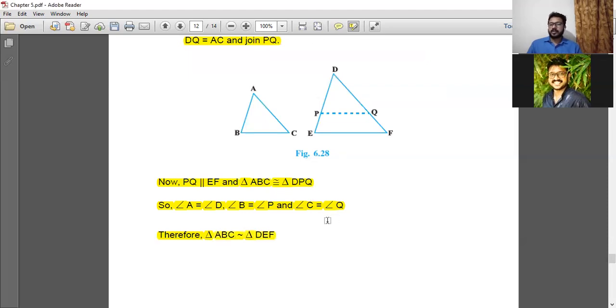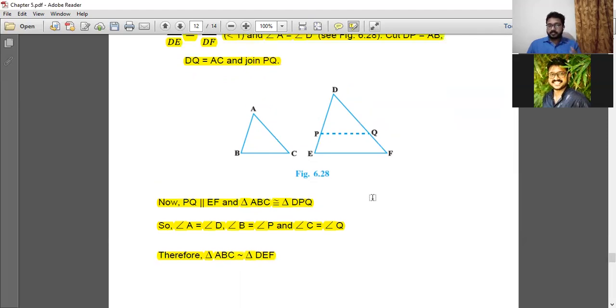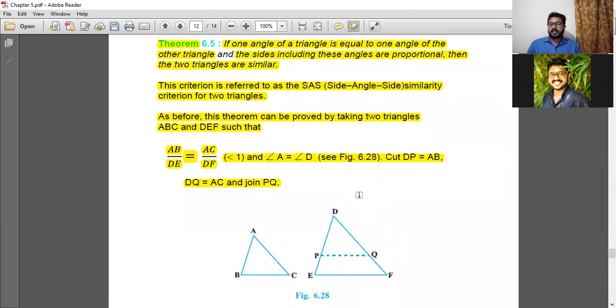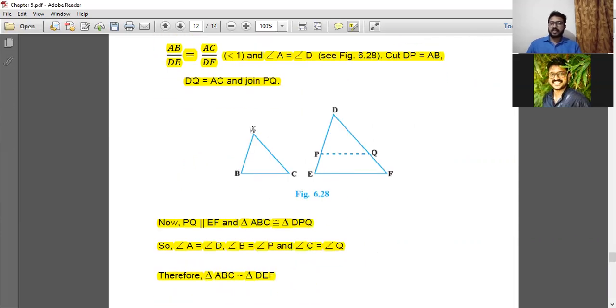Clear? Because what was the theorem saying? If one angle is equal to another angle, and also the sides including these angles are proportional, then these two triangles are similar. So we have applied those conditions here and satisfied the similarity criterion of two triangles. What were those?